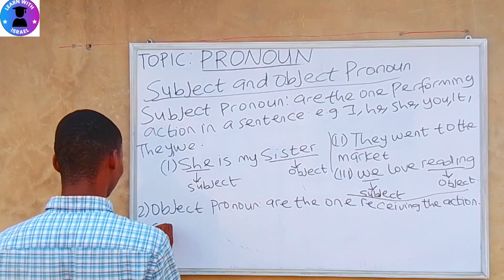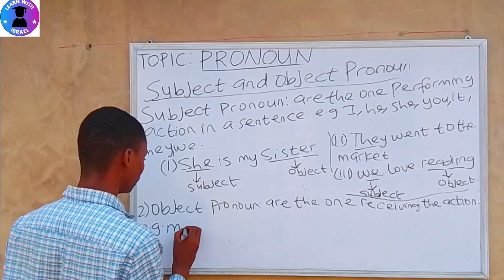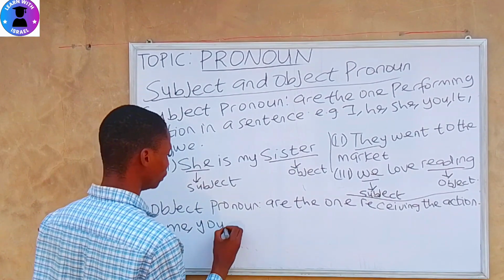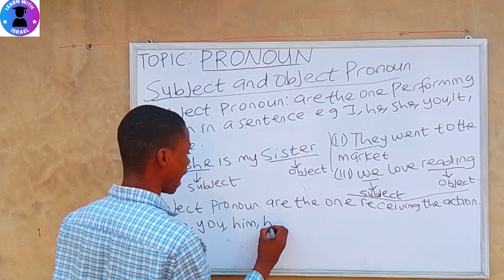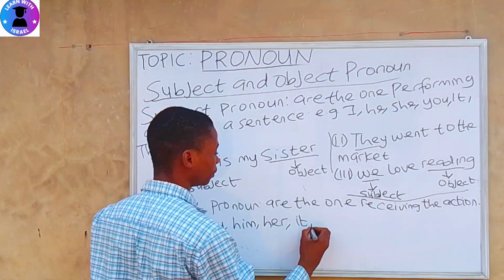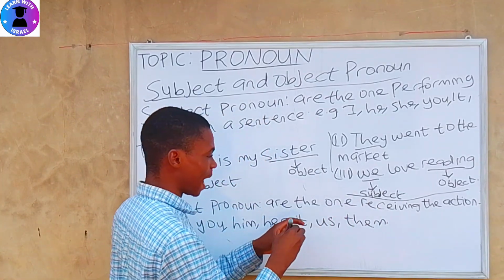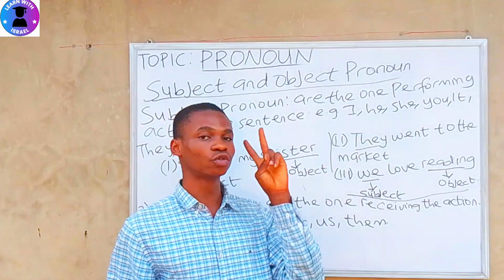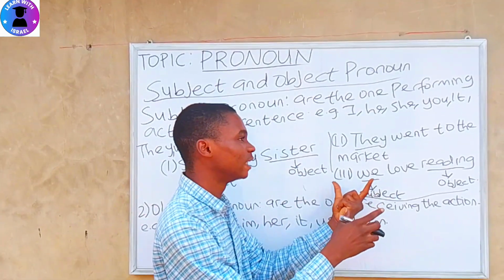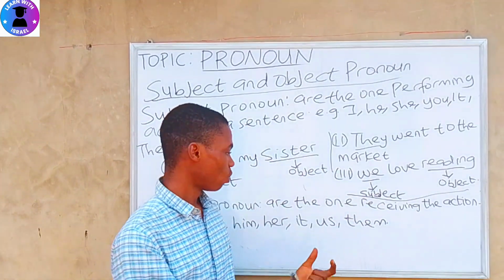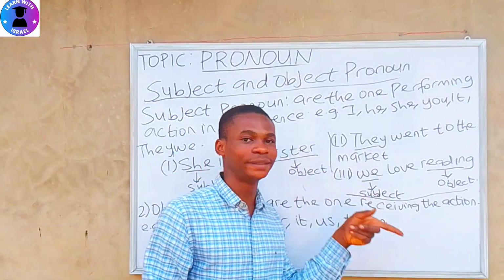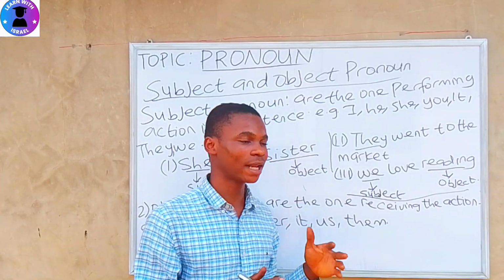For example, we have me, you, him, her, it, us, them. For example, "we" and "us" refer to two people, but "we" acts as the subject while "us" acts as the object. Am I clear with that?